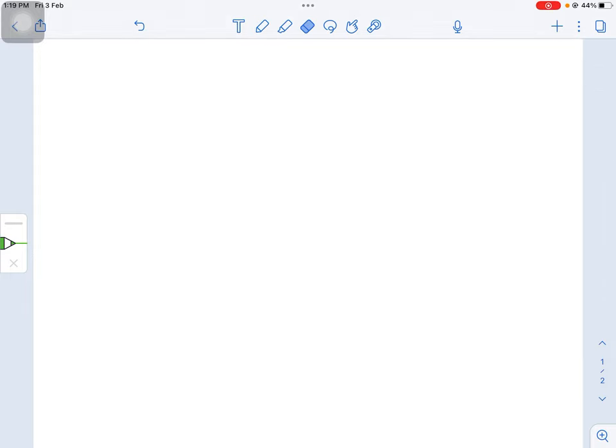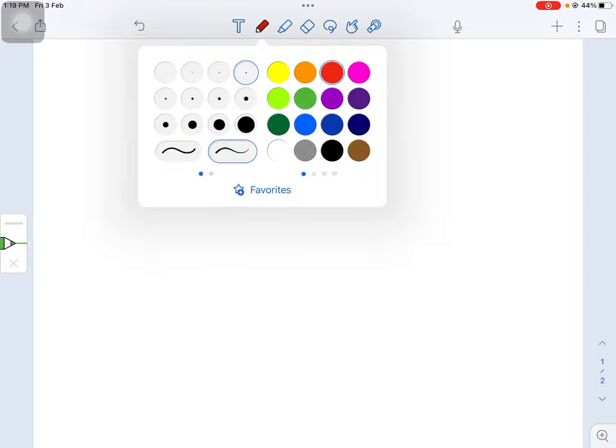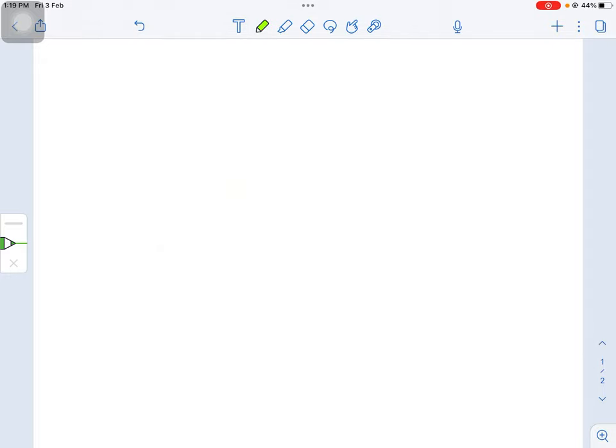Let me write the direct speech with the green pen. The question is: Rahul says, "The teacher is ill." Let me tell you one more rule that I haven't told you.